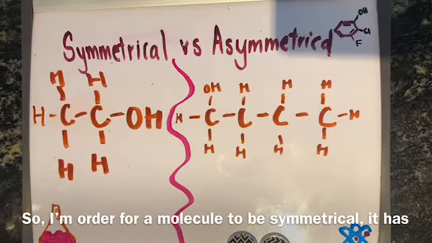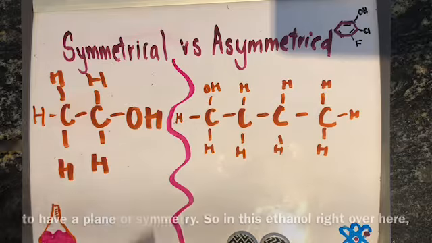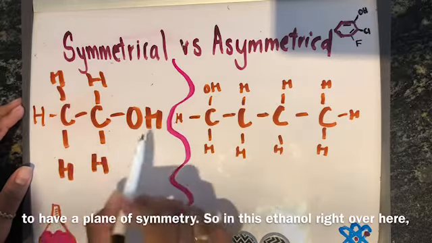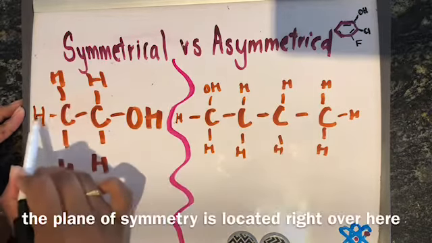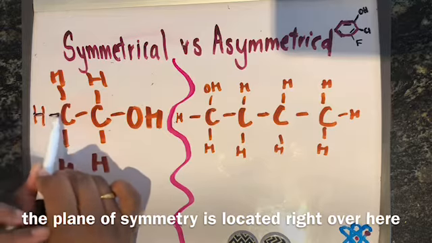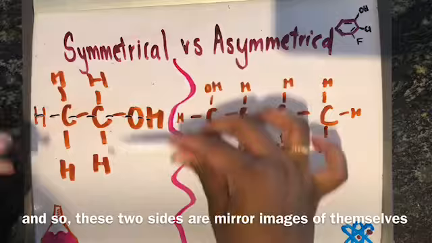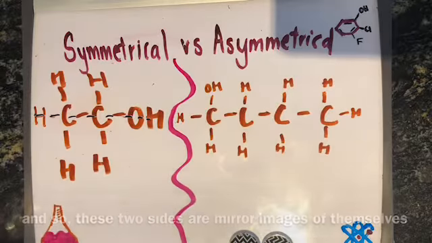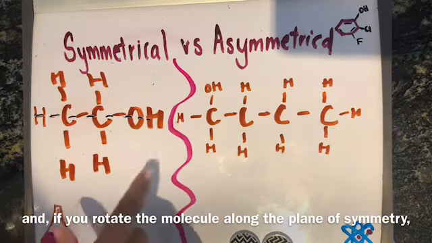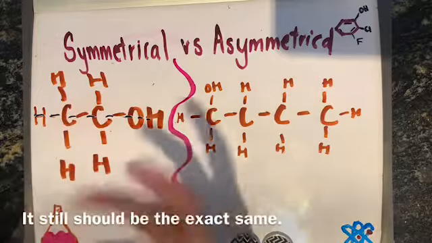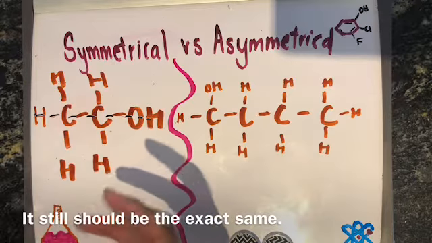So in order for a molecule to be symmetrical, it has to have a plane of symmetry. So in this ethanol right over here, the plane of symmetry is located right over here. And so these two sides are mirror images of themselves. And if you rotate the molecule along the plane of symmetry, it still should be the exact same.